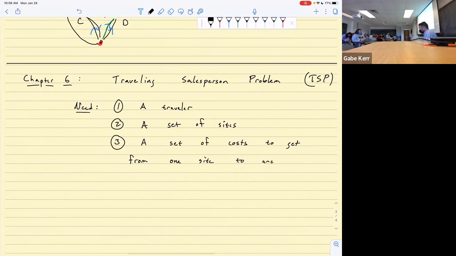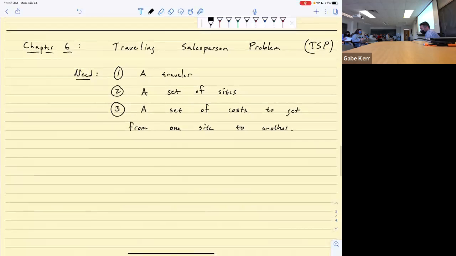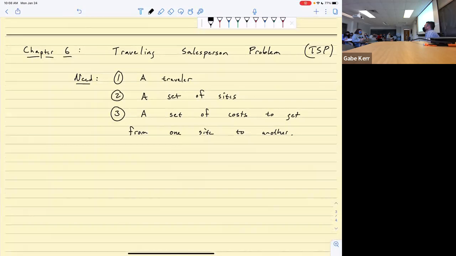Very practical kind of problem. And the point of the problem, if you're the traveler, is you want to visit each site once, and you want to do it for the lowest cost. That's the goal. You've probably all had to solve this problem several times in your life, and you'll have to solve it for the rest of your life.